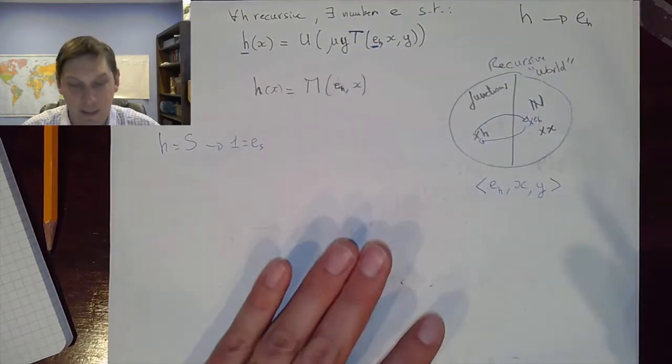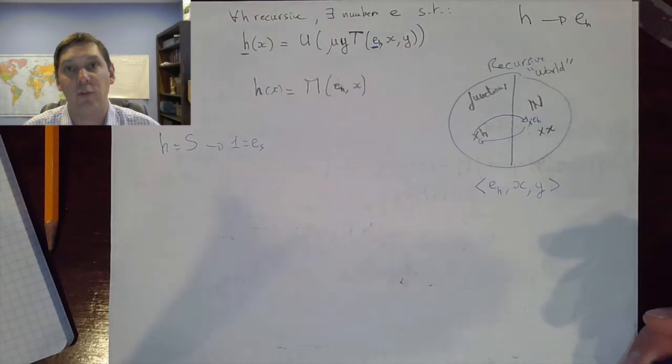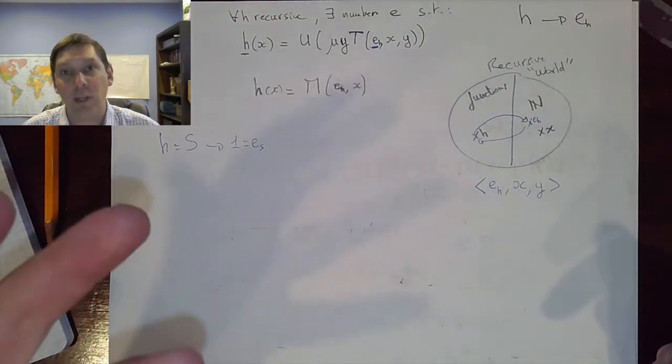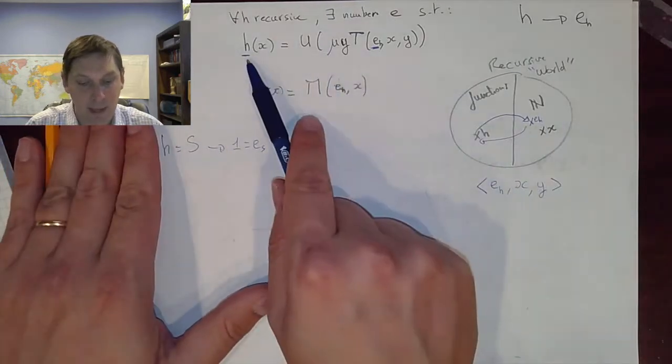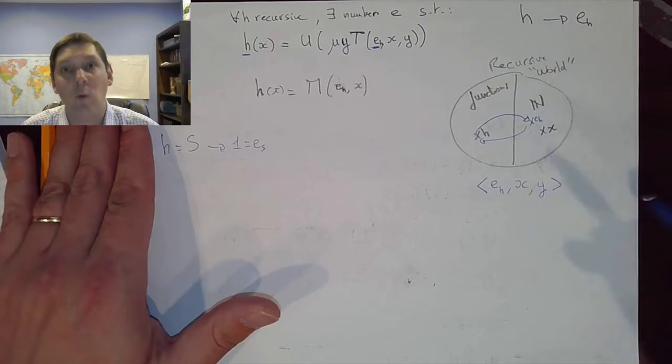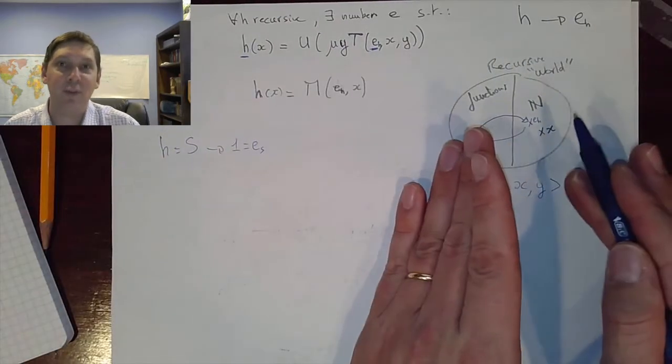Basically, it's just going to find the first y that answers the question, what is h applied to x? What is h of x? It's going to answer the question, but in the realm of numbers.